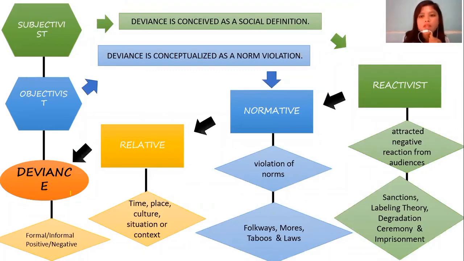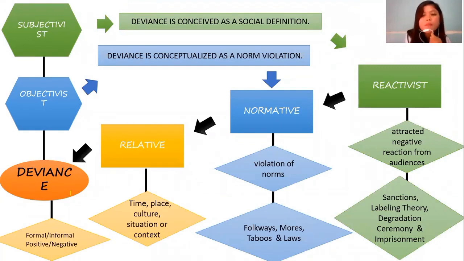So, first, deviance is relative, which means that an act or behavior can only become deviant when it is socially defined as such. For it varies greatly on many factors such as time, place, culture, situation, or context in which deviance occurs.